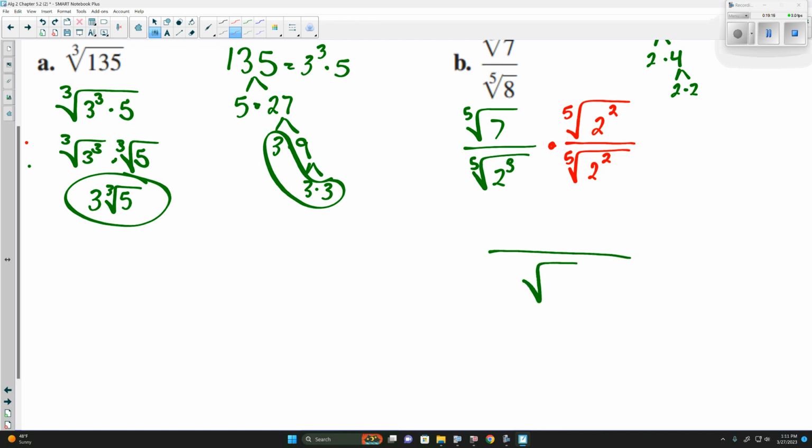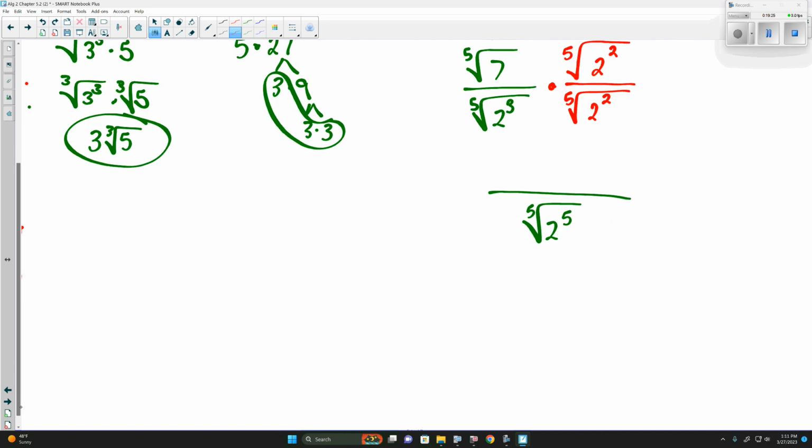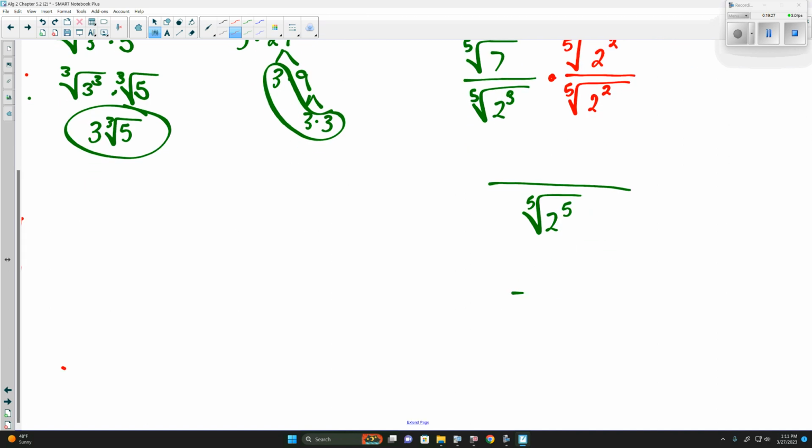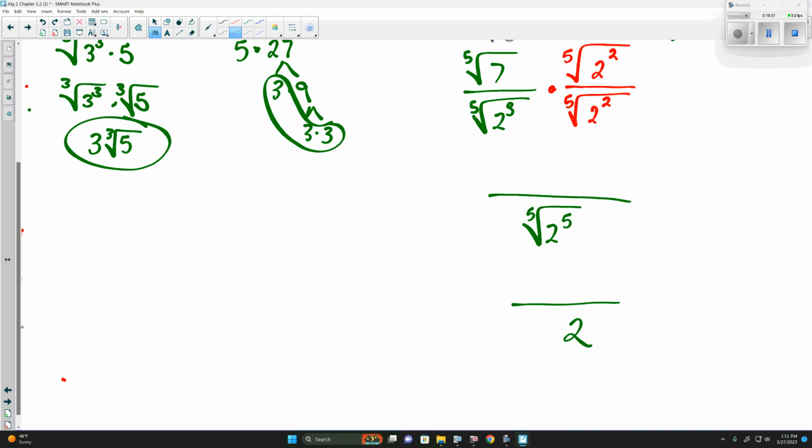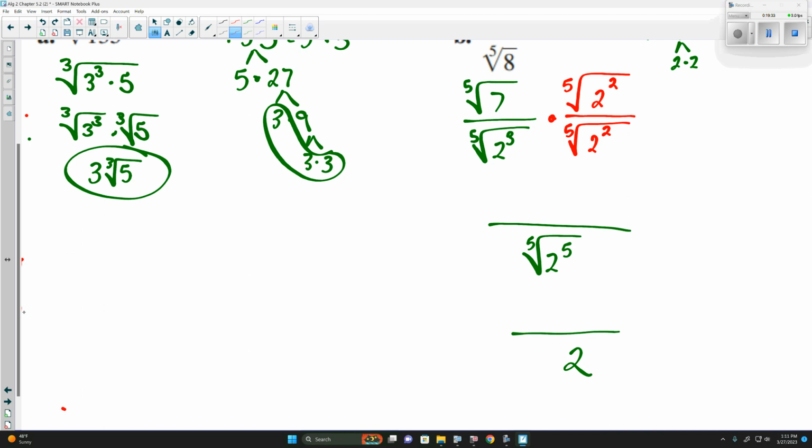So on the bottom, we'll have the fifth root of 2 to the fifth, which will simplify to just 2. Now we do need to multiply the numerator. So we'd have the fifth root of 7 times 2 squared. Because the indexes are the same, we can multiply what's inside together.